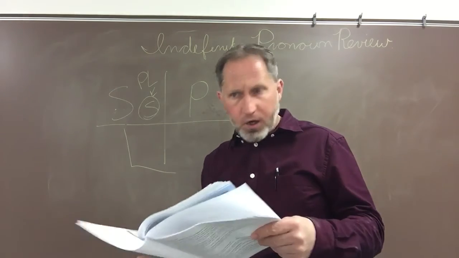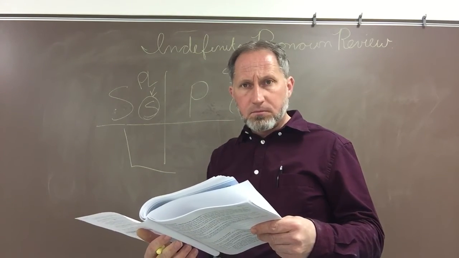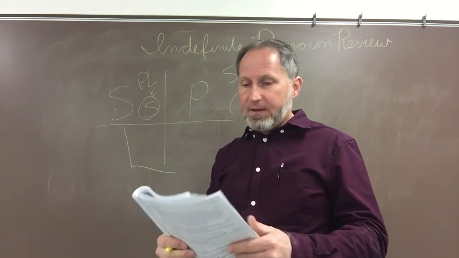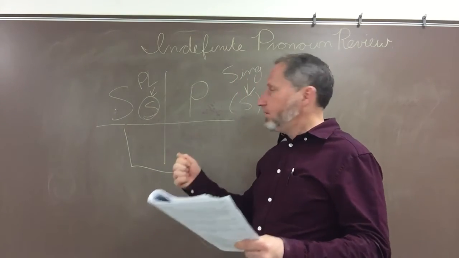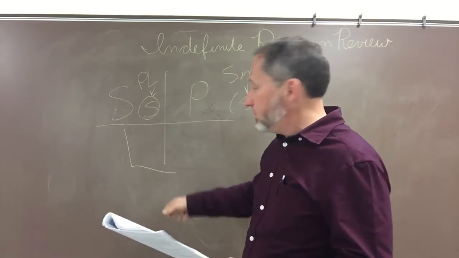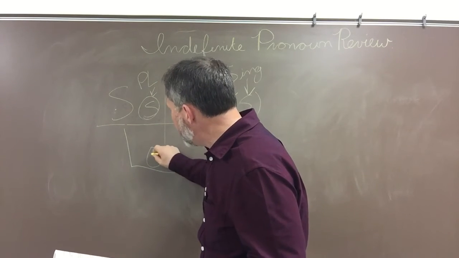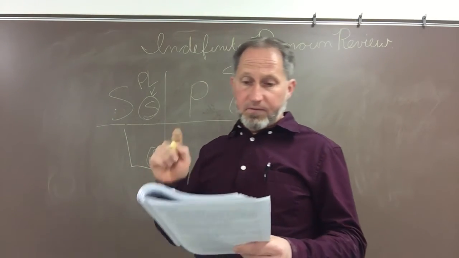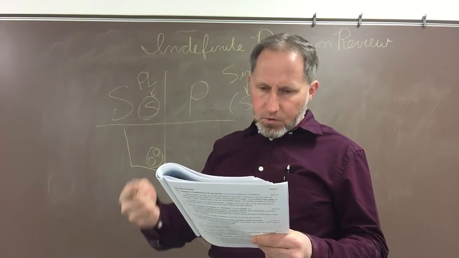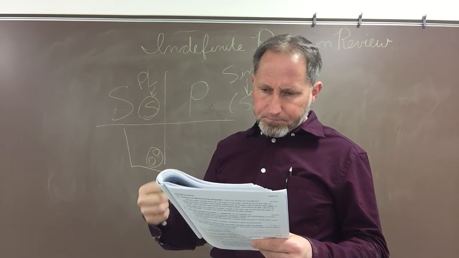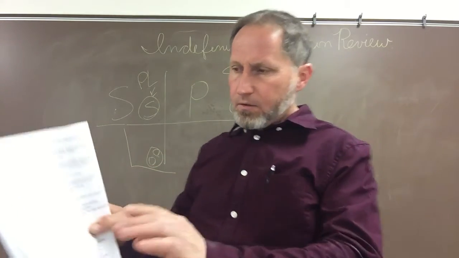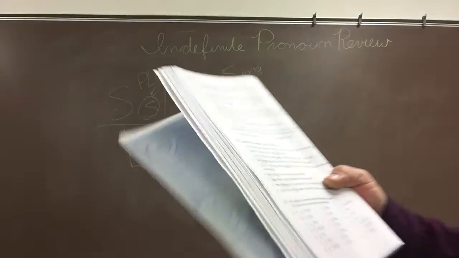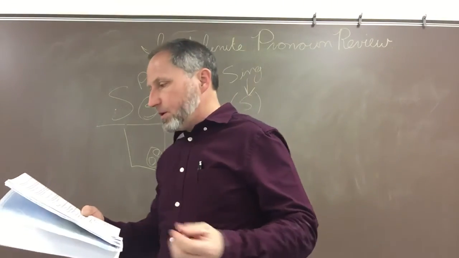And if there's a prepositional phrase that follows them, you look for the object of preposition. And if it's singular, then you need a singular verb. If it's plural, you need a plural verb. So let's find those. Down here, we're almost to the bottom, right here. Okay? So with indefinite pronouns, it can be either singular or plural.